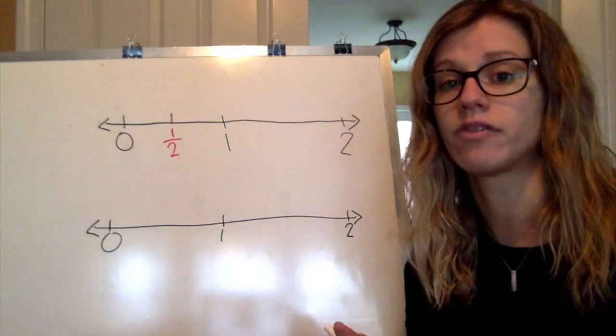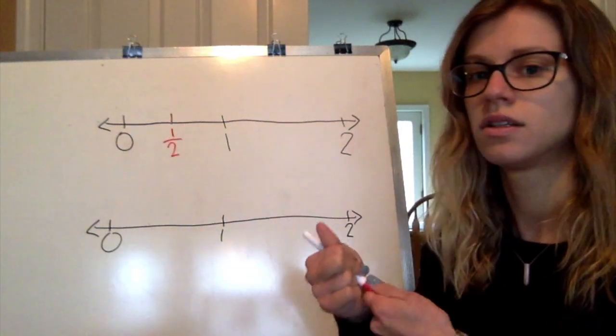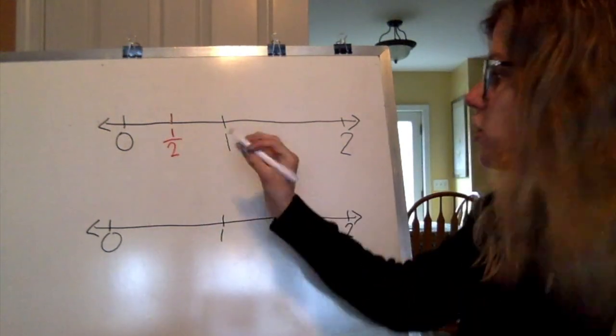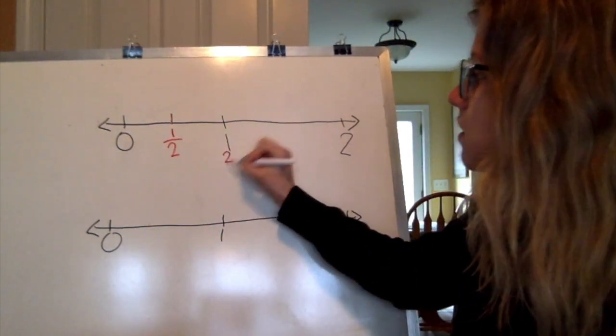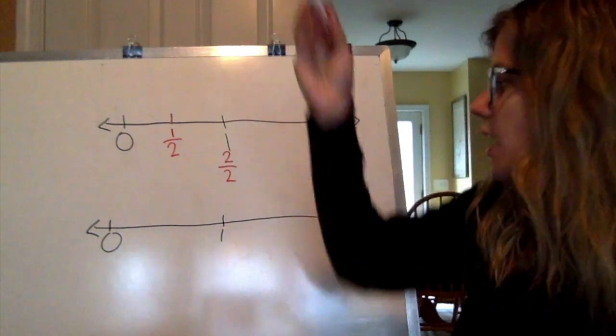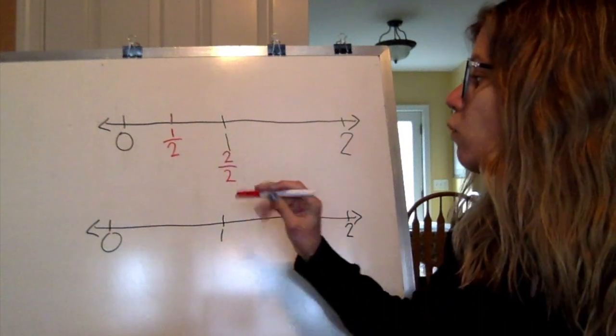He went 1/2 block here. Now he's done another one. So he's done 2 half blocks. And there's 2 parts that make up my whole block, my 1.